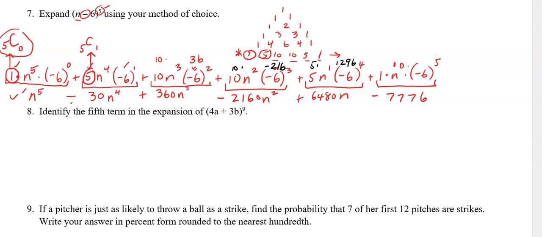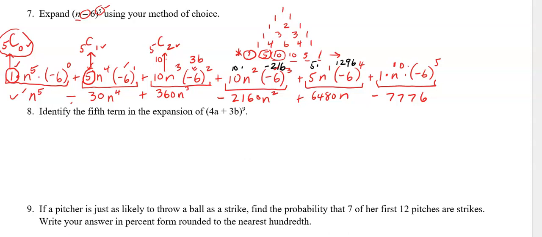All right, so to get 10 using the binomial theorem, you would not go to the triangle, of course. You would calculate 5C2. So you start at 0, and then this right number just goes up by 1 each time. And that's just a different way of getting those coefficients that came from Pascal's triangle.